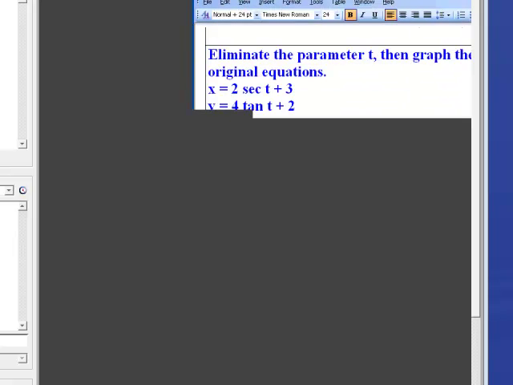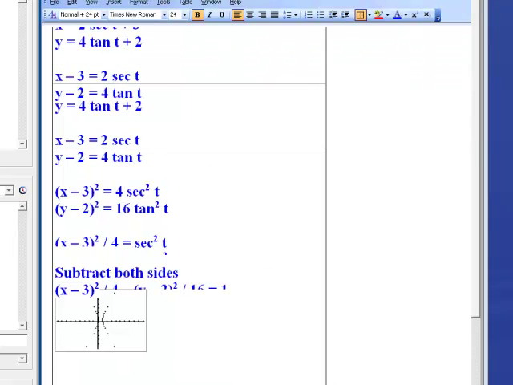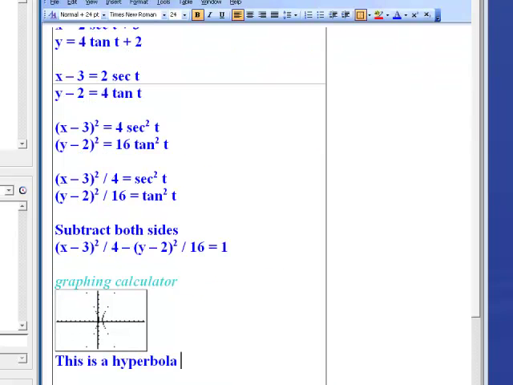and go back to the lecture. So what we have here is a hyperbola centered at the point 3, 2 as expected, or at least that part was expected, and it opens sideways to left and right.